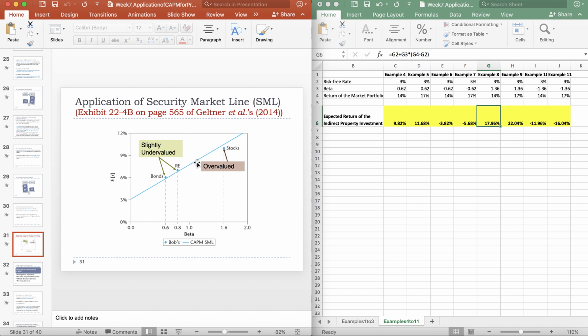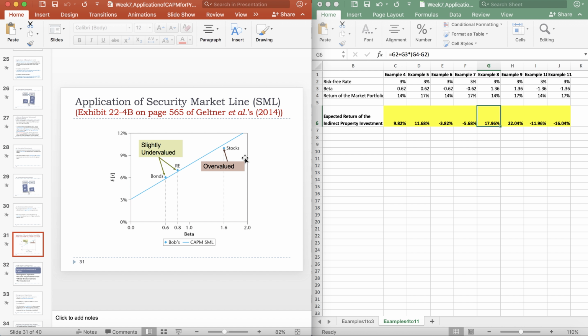On the contrary, any investments below this security market line are overvalued. That means the estimated return of this investment is lower than the fair return based on the capital asset pricing model. It implies that in the market, this investment is overpriced.